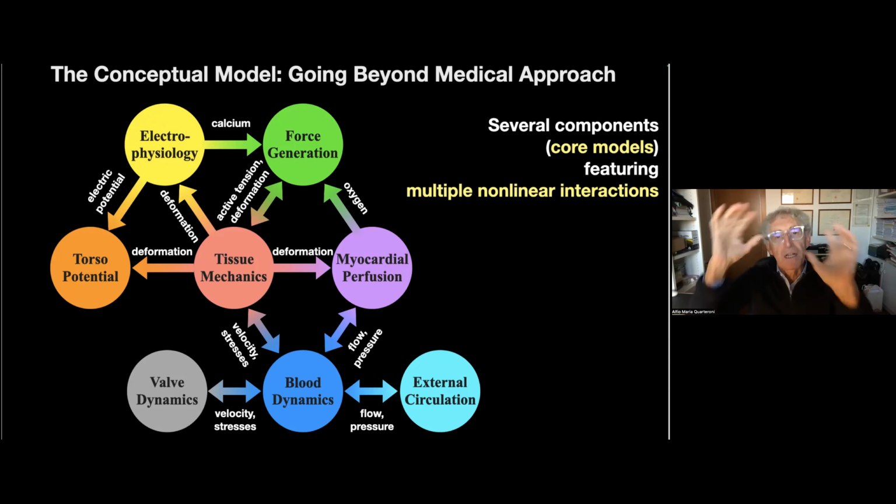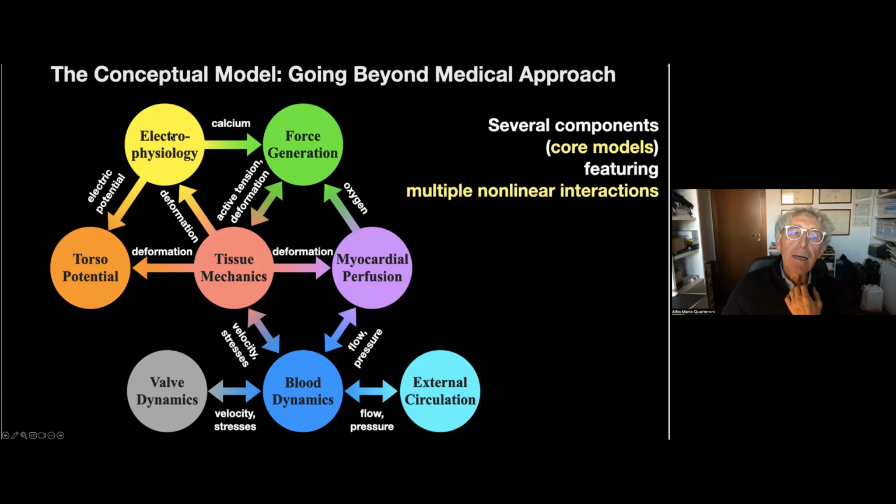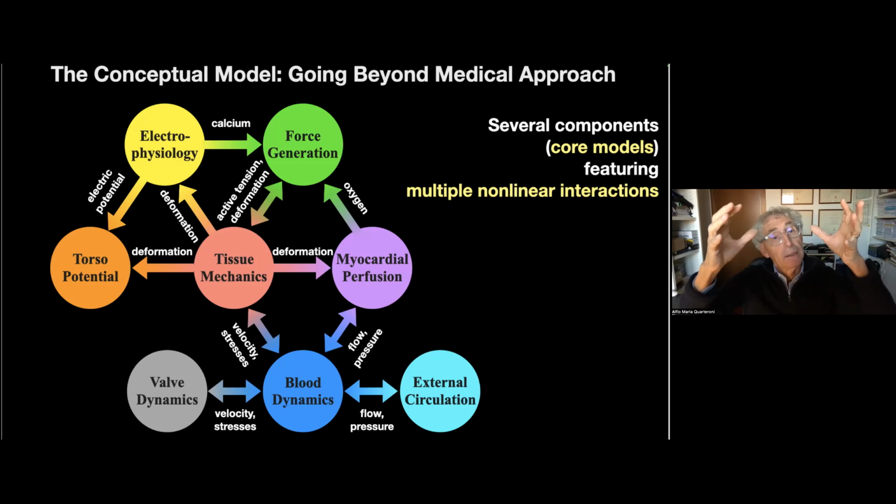So this is our starting point, say, and from there we generate an electrical field that propagates first on the upper part of the heart, namely the two atria, and then down to the lower part of the heart, to the apex and to the whole myocardium.